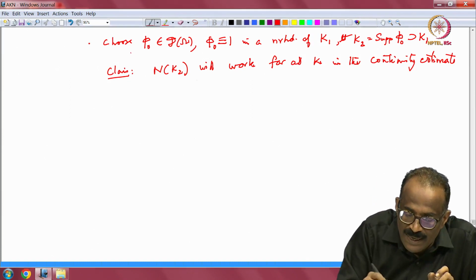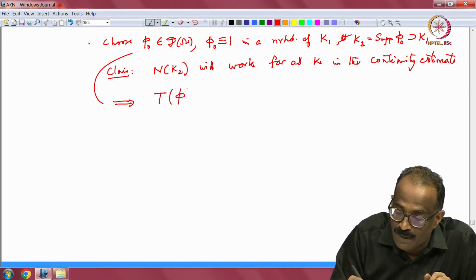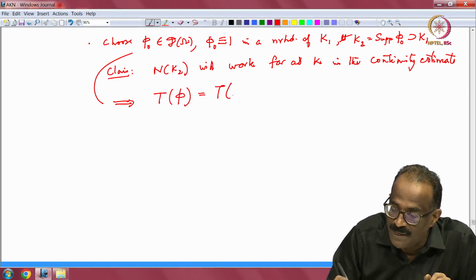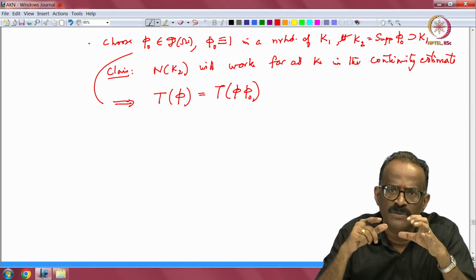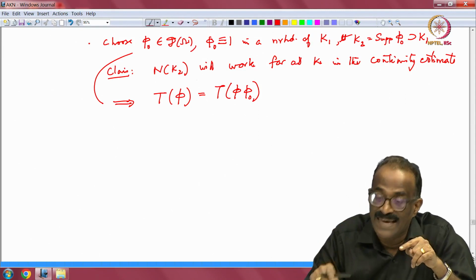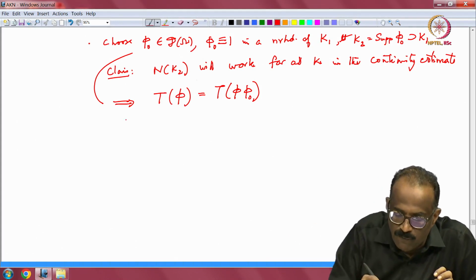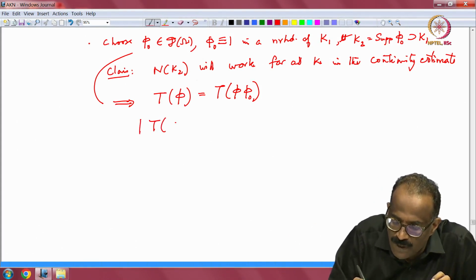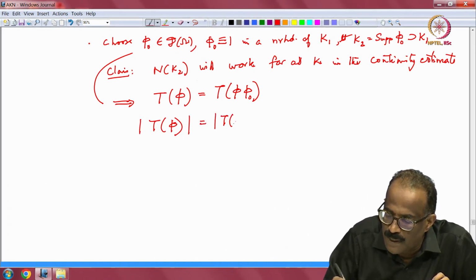So this will immediately imply, this is the observation we already made, T phi is equal to T phi naught, because phi naught is 1 on the support, so it depends only on the support of T, because K is in K1, and K1 is the support of T. Therefore, the modulus of T phi is the same as the modulus of T phi naught.